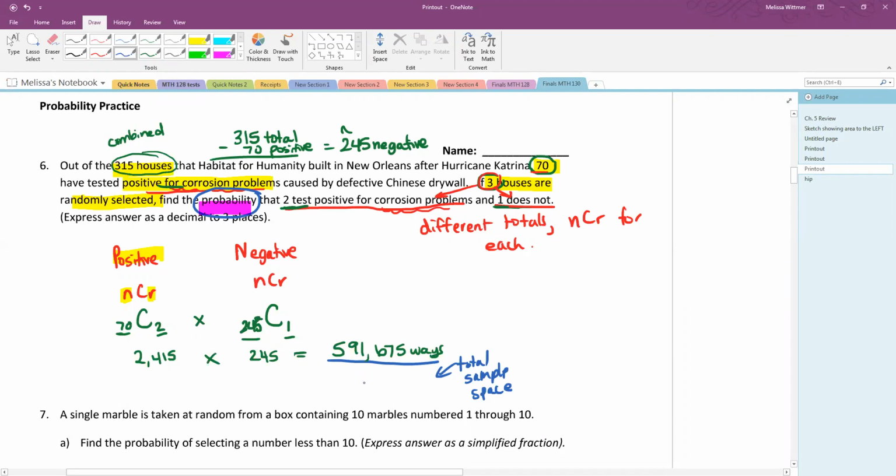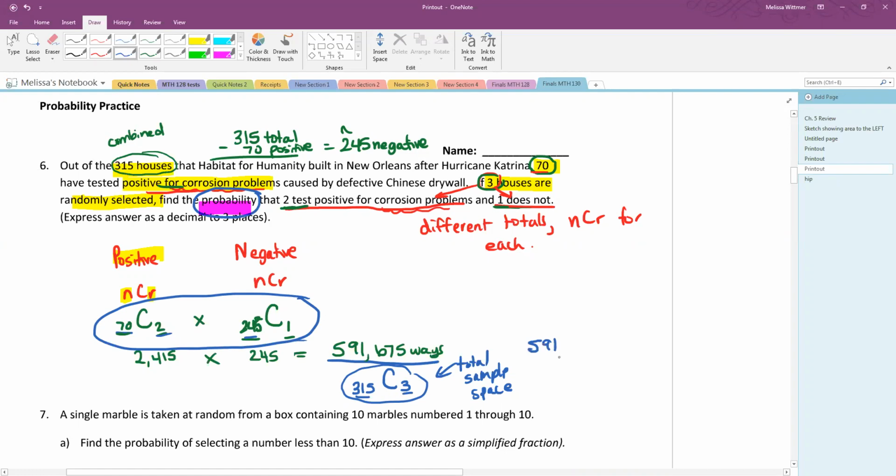And this is the combination where we have 315 total houses picking 3. It's always a combination here because the order of the houses that we pick does not matter. They're not in specific positions. Notice that the denominator is one combination. It comes from joining these together, and you add up the left side numbers to get 315. You add up the right side numbers to get 3.